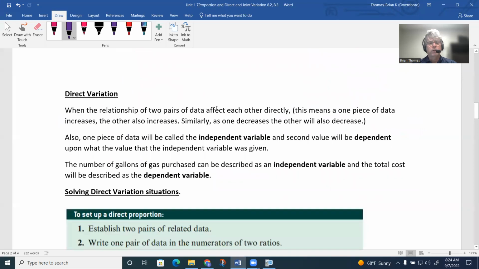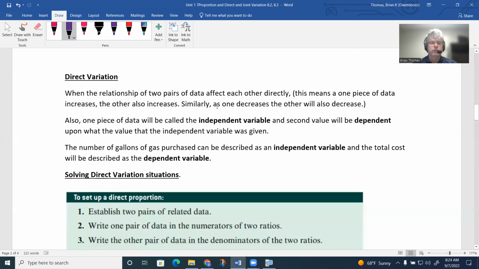So where this takes us is what we call direct variation. Direct variation is when the relationship of 2 pairs of data affect each other directly. What this means is if one piece of data increases, the other also increases. Similarly, if one piece of data decreases, the other one will decrease as well.